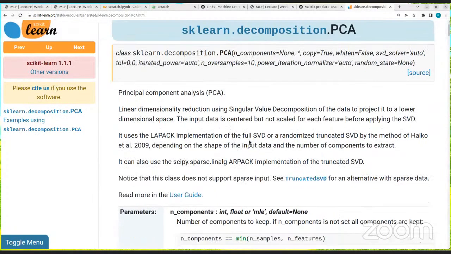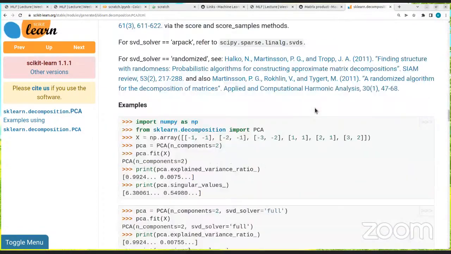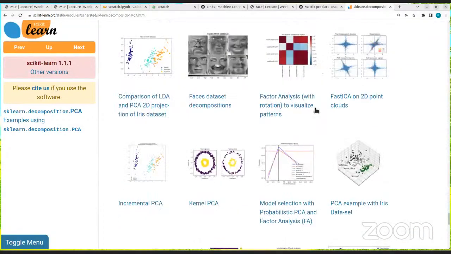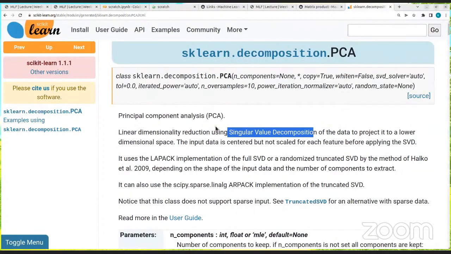So PCA is one such method. PCA uses this thing called singular value decomposition, for which you need to study eigenvalues, eigenvectors, symmetric matrices, the whole thing, right? So you can see where this is going, right? All this is required for you to study this PCA. That's where we are going.